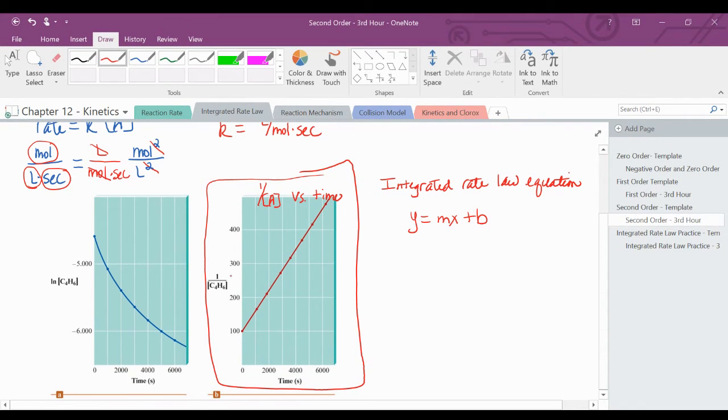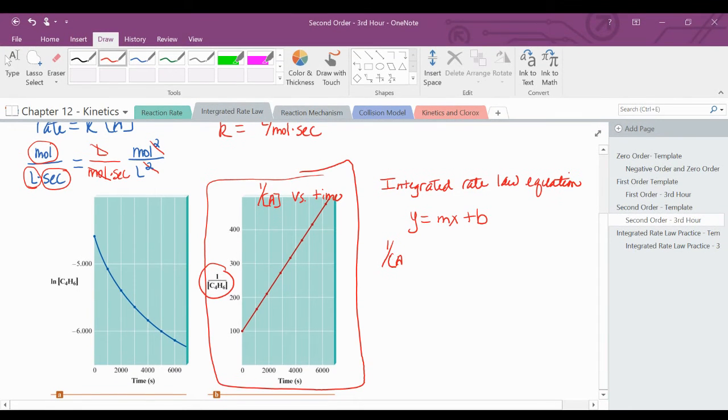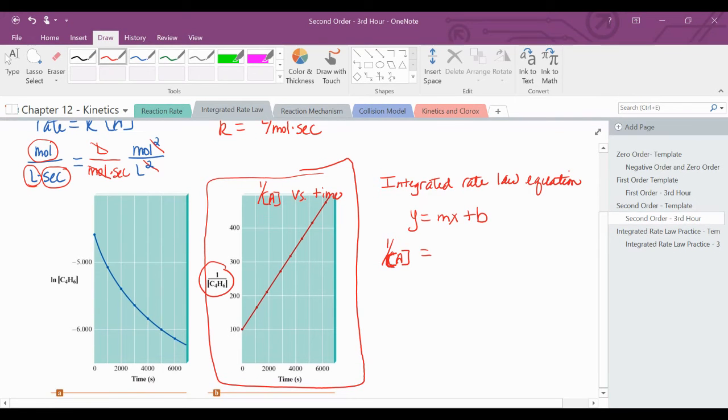Y is 1 over our concentration, which is equal to m x plus b. And notice this time my graph, the line increases over time, so the slope is positive, and it's still K, our rate constant. X is our time in seconds. And b, our y-intercept, would be 1 over the initial concentration.